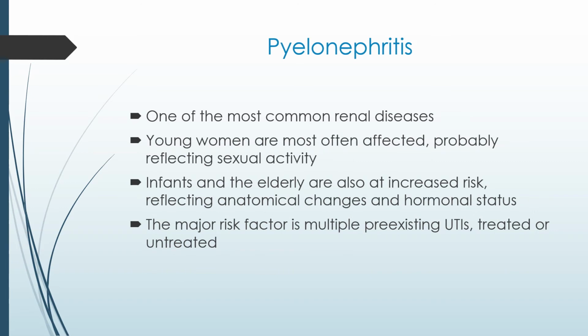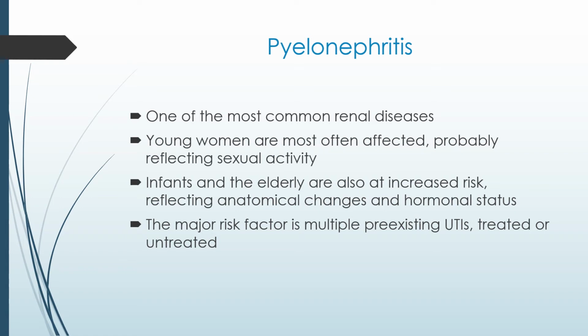So, pyelonephritis. This is when that urinary tract infection that starts out as very uncomplicated and very benign and can only be treated with an antibiotic is not treated with an antibiotic, and then it becomes complicated, and then it works its way up. It is one of the most common renal diseases.